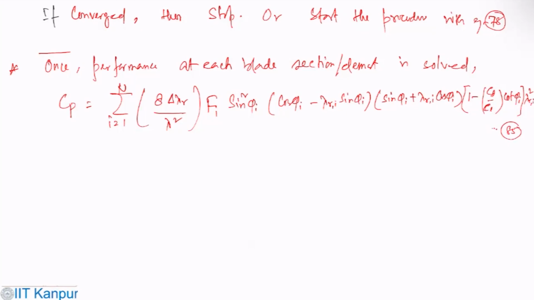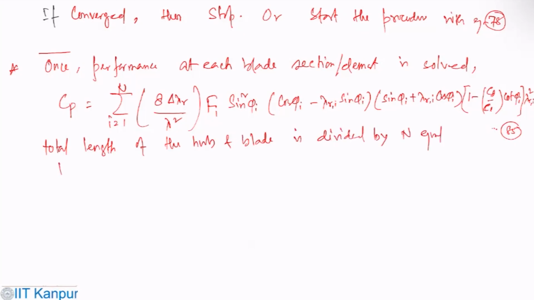So if the total length of the hub and blade is assumed to be divided into n equal blade elements, basically the total length of the hub and blade divided by n equal lengths, what we have till r is I minus lambda r I, which is lambda by n.